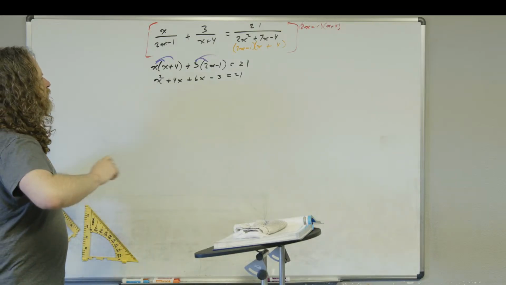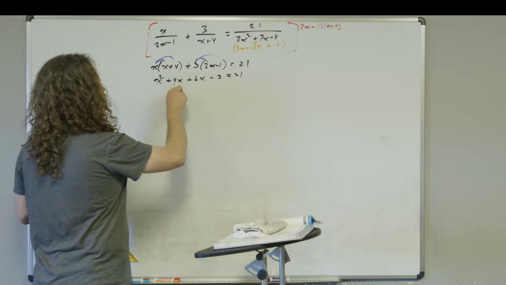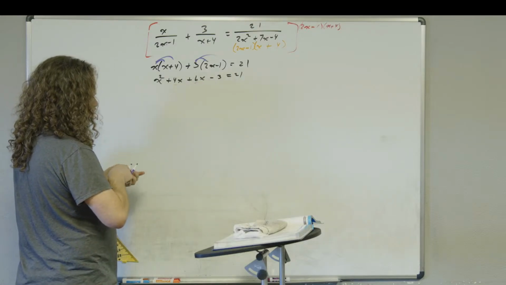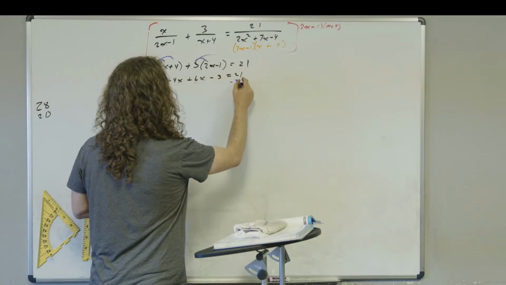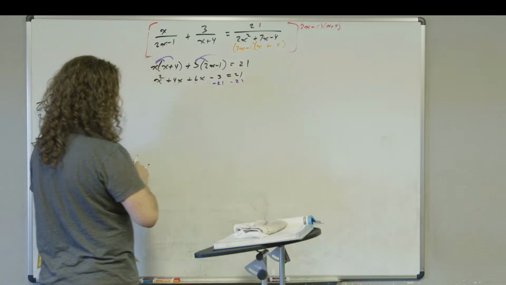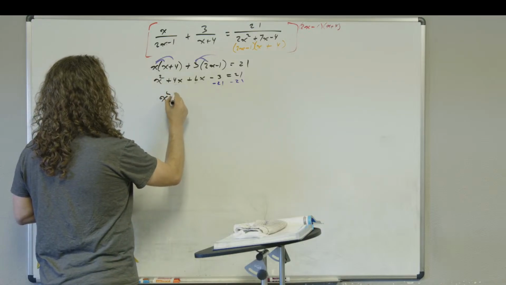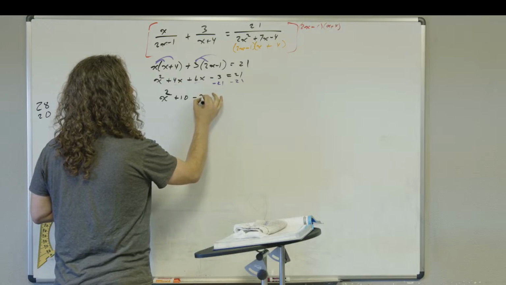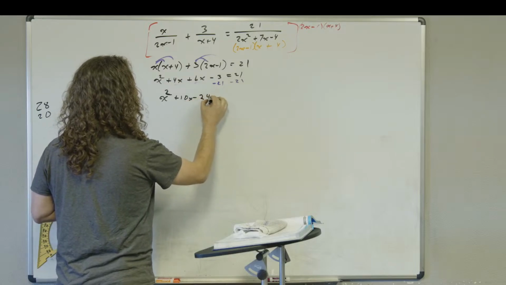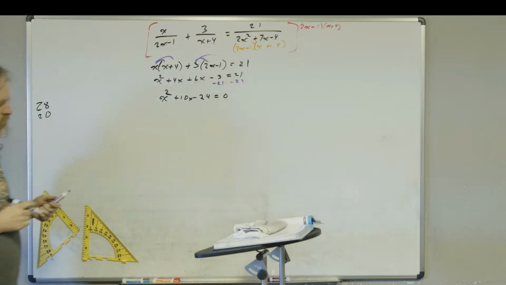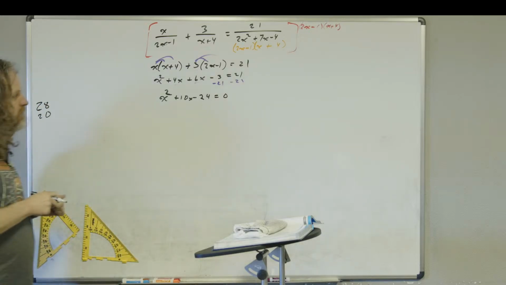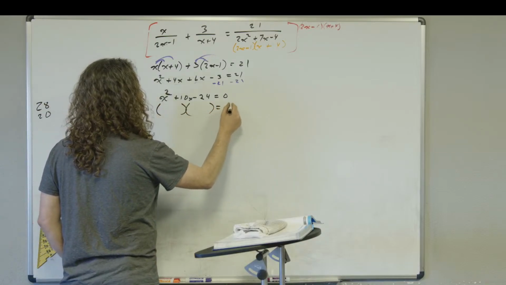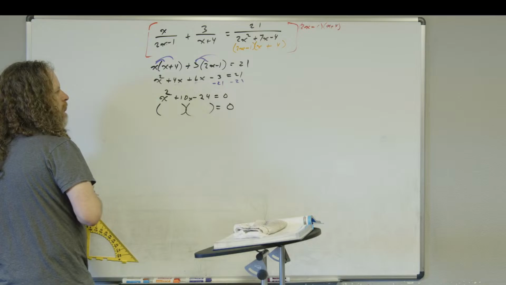All right, like terms. This one and that one. And let's, for good measure, because we can, subtract 21 from both sides. Great. x squared plus 10x minus 24 equals 0. Let's see if it factors. Yeah, it will. 12 and 2.